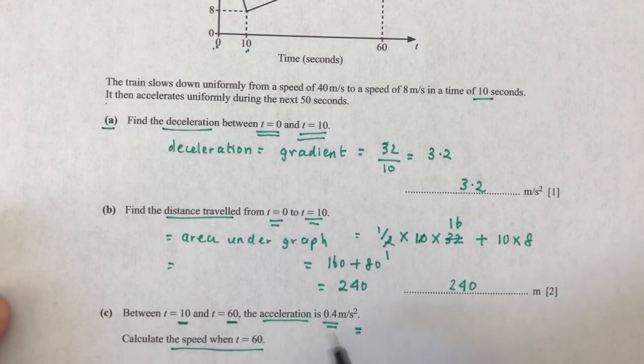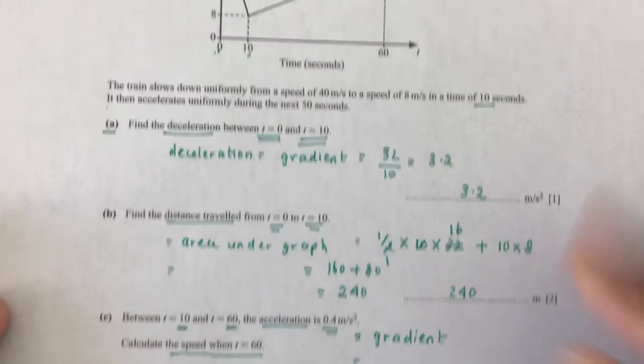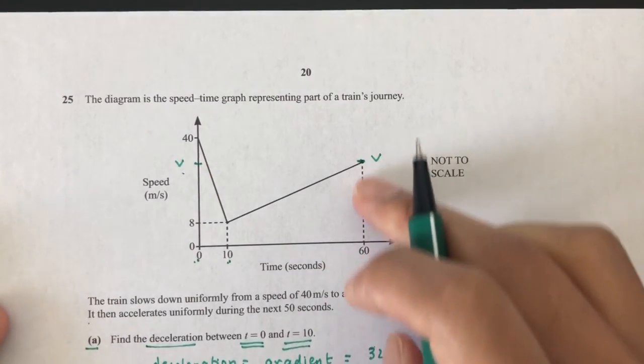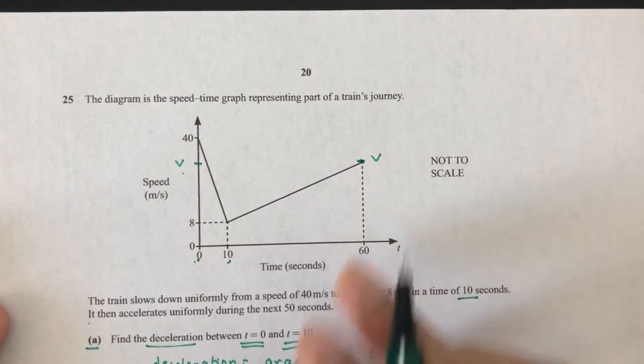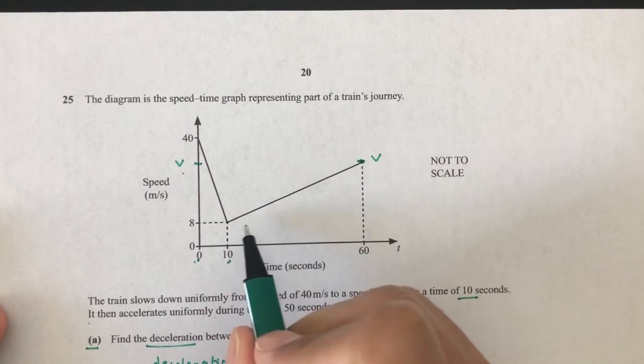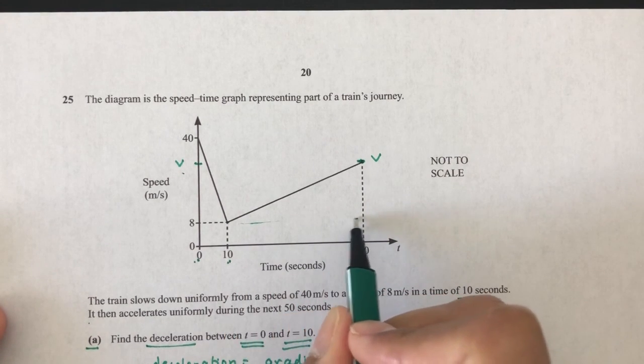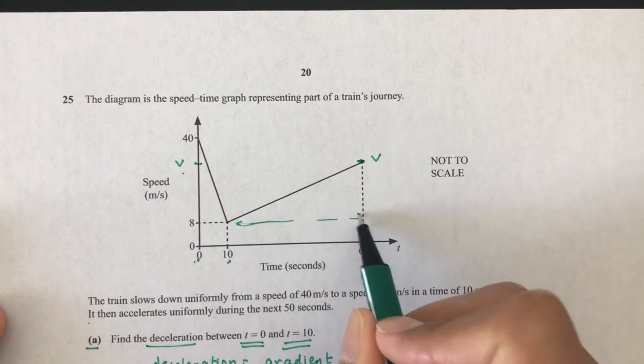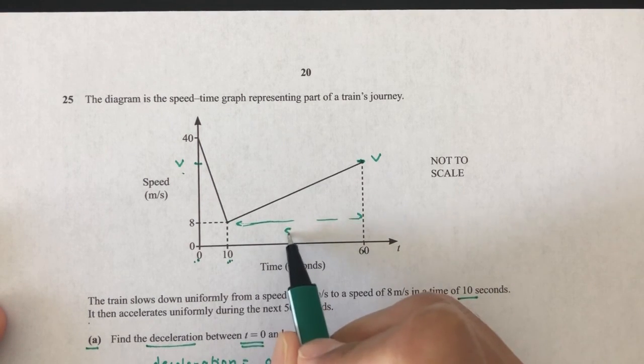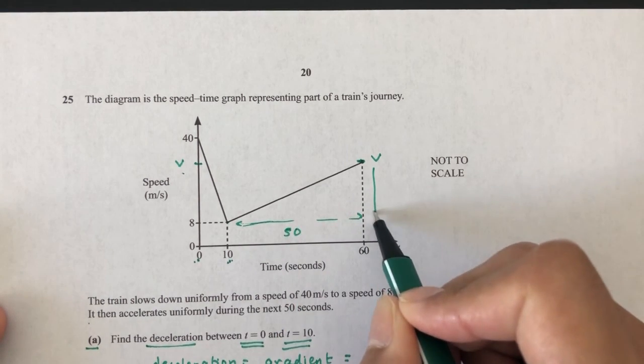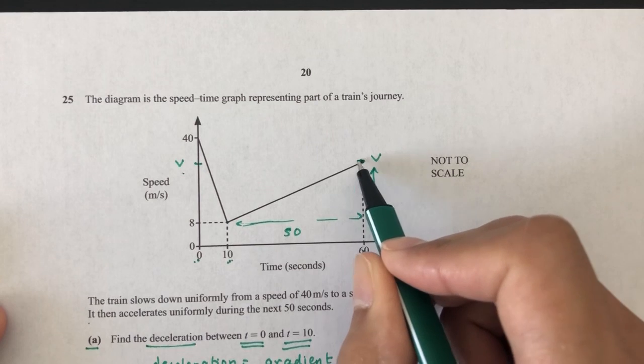If we have a speed-time graph, acceleration is equal to the gradient of the graph, which means we need to know the height of the triangle and the base of the triangle. So this is the base. It will be 60 minus 10, which is 50. And the height is the speed here, which we don't know, so we call it v.